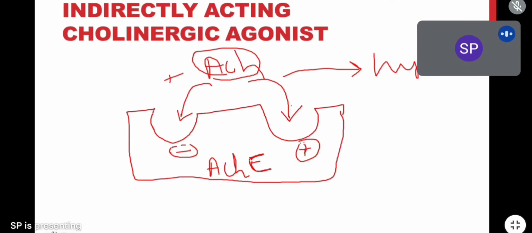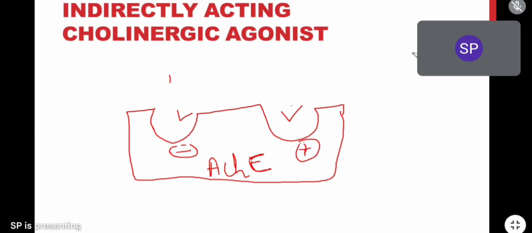Now you see, when acetylcholinesterase inhibitors are given, they come and bind on the enzyme. Some drugs bind on the anionic site, some bind on the cationic site, and a few drugs bind on both sites.